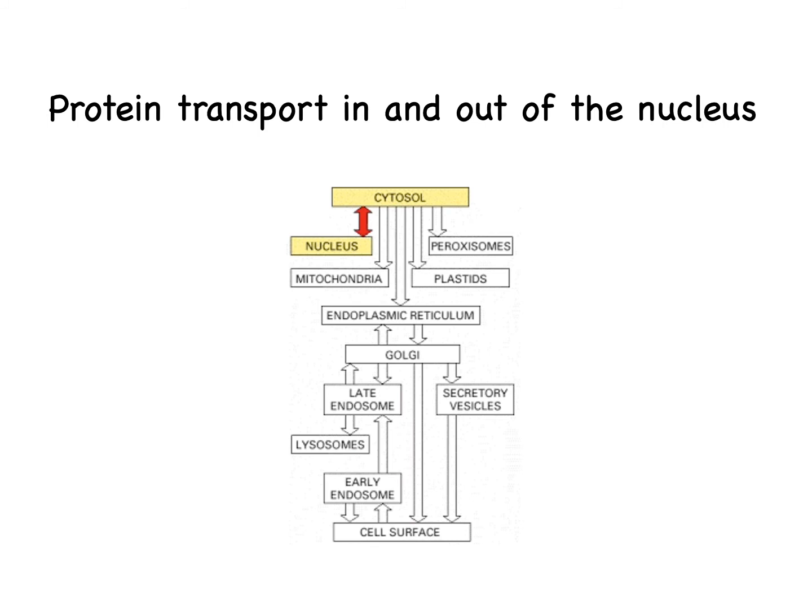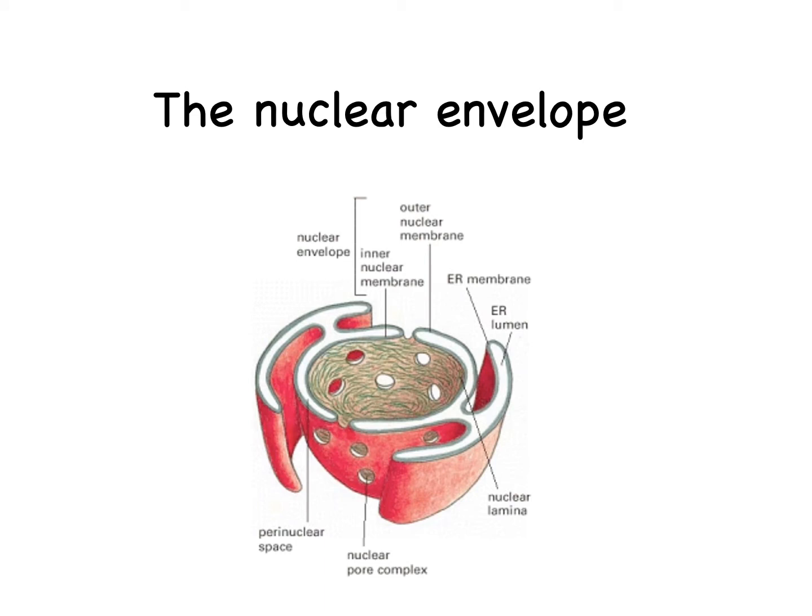Okay, I want to talk a little bit now about transport in and out of the nucleus. Again, this is a gated transport. It does not pass directly through a membrane, but rather through pores in the membrane. And if we look at the schematic of a nucleus, again, we see the nuclear membrane is contiguous with the endoplasmic reticulum, but it also has these pores in it, and they're not simply just holes in the membrane.